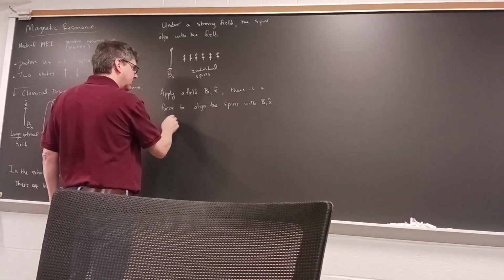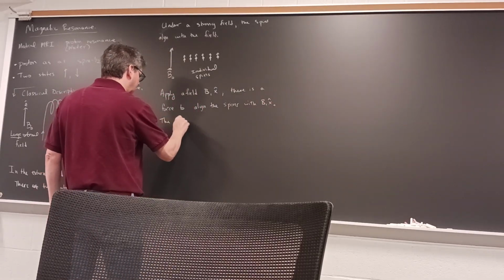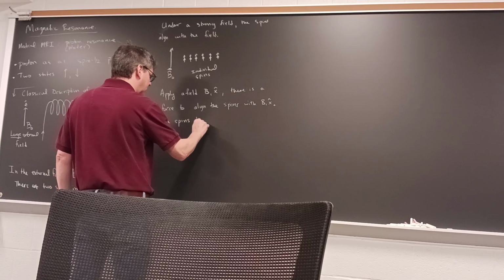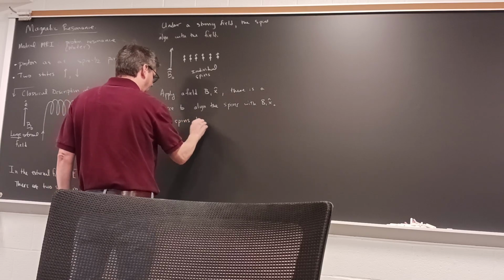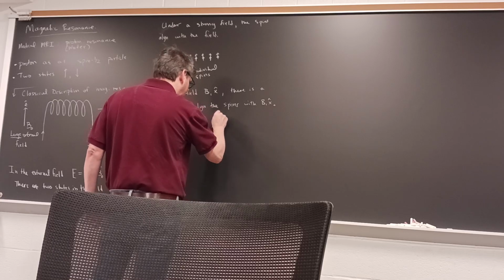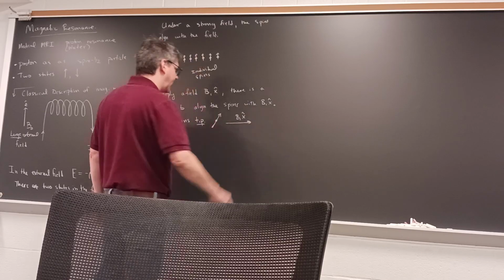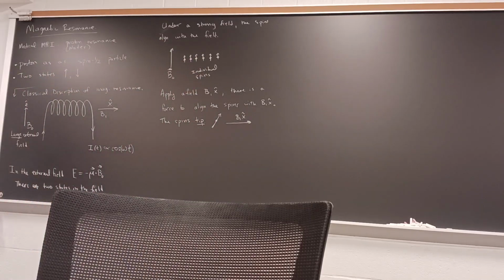Okay, they tip. So if this is my spin, and here's B1 x hat, I've got a field in that direction, and the spin tries to tip in the direction of the field.